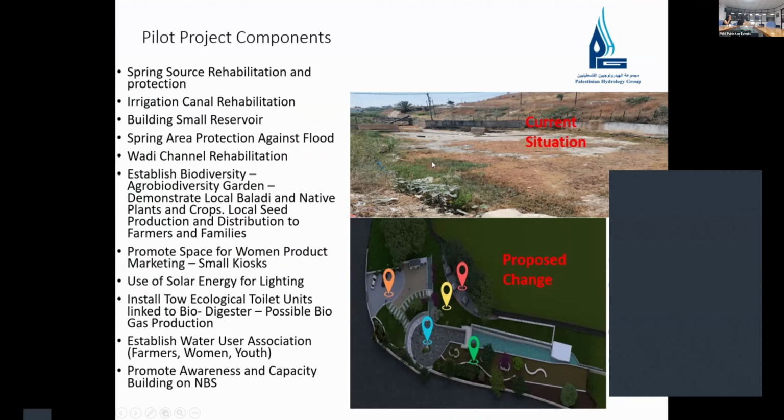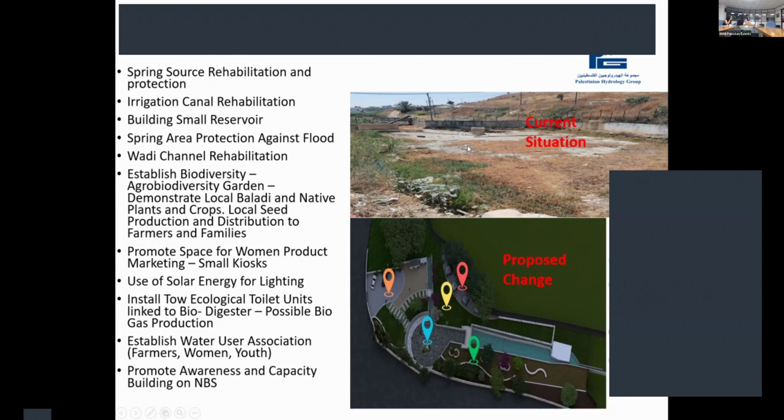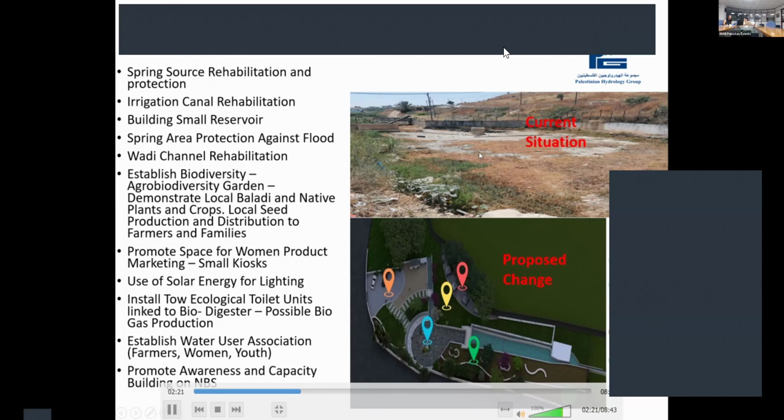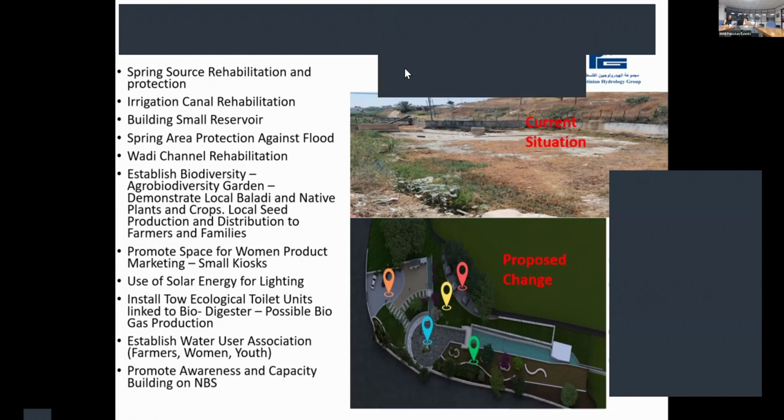What we are proposing is rehabilitating the spring source by removing this rubble, letting the water flow all year around, and providing protection to the spring source in order not to allow any intruders or pollution coming into the spring surface area.